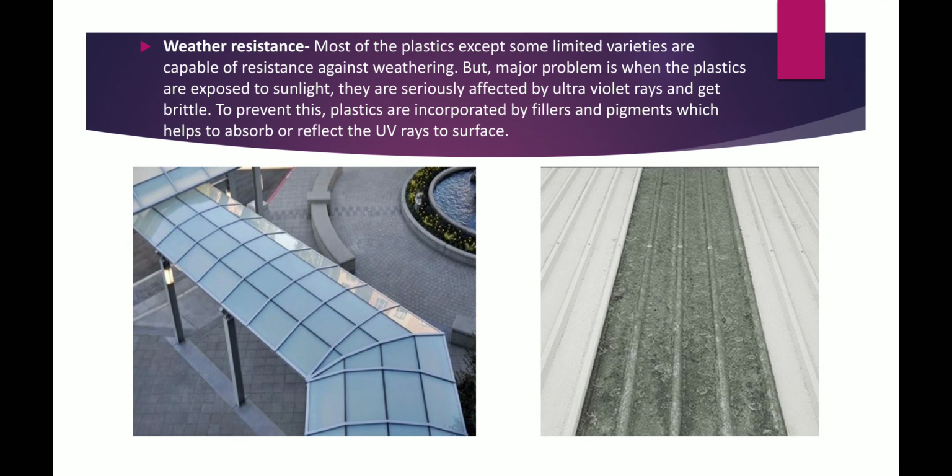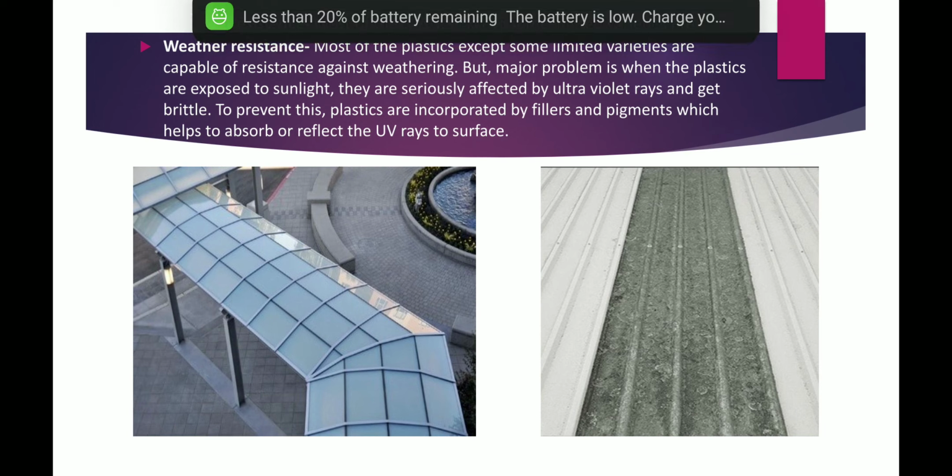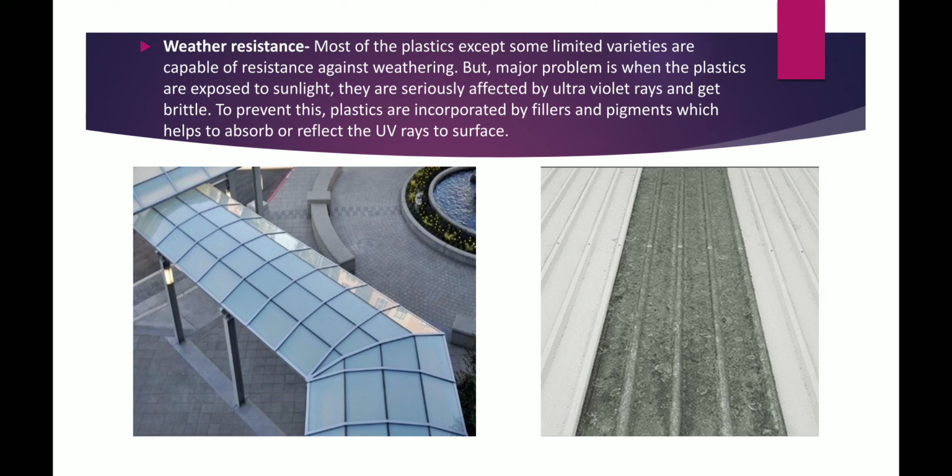Weather resistance. Most of the plastics, except some limited varieties, are capable of resistance against weathering, but the major problem is when the plastics are exposed to sunlight. They are seriously affected by ultraviolet rays and get brittle.